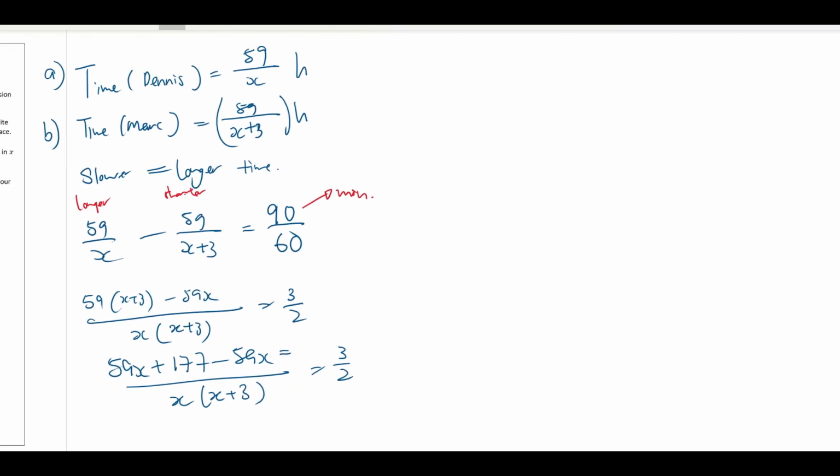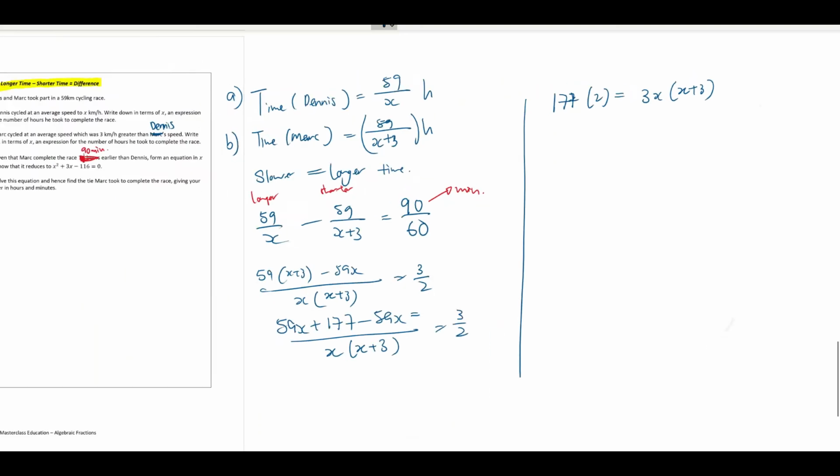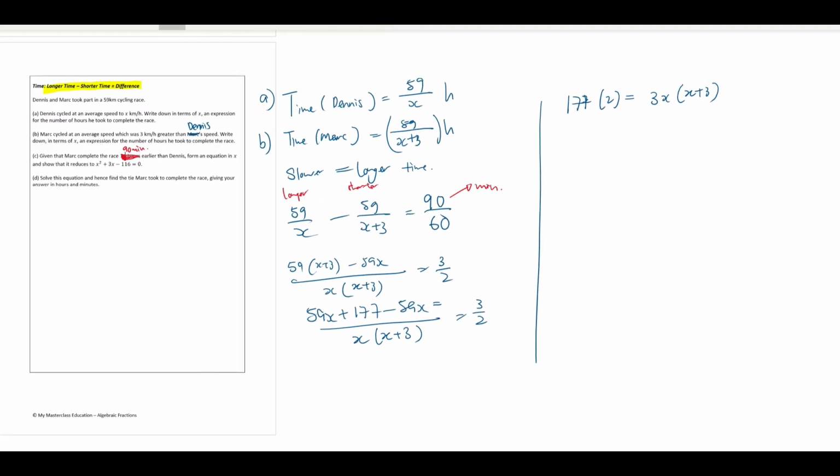And this is where you cross multiply. 177 multiplied by 2 is equal to 3x bracket x plus 3. Then I will have 354 equals 3x squared plus 3x, 9x, sorry.